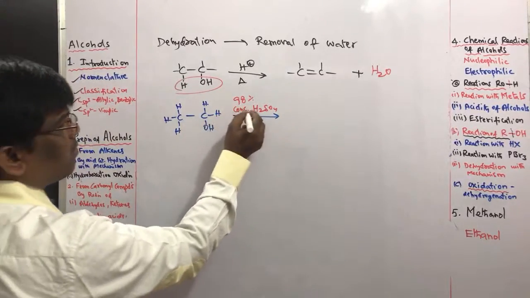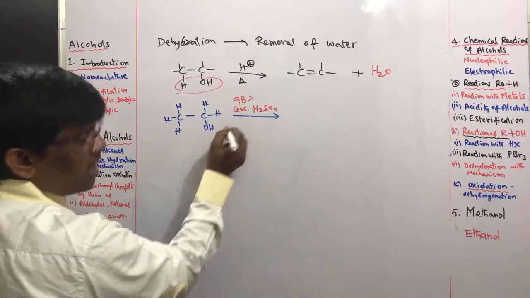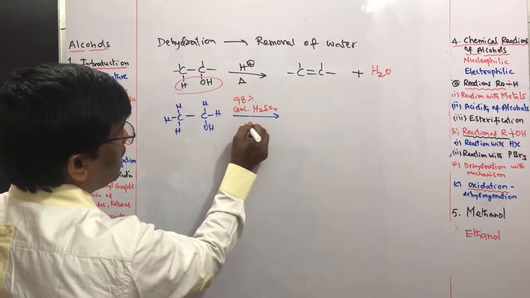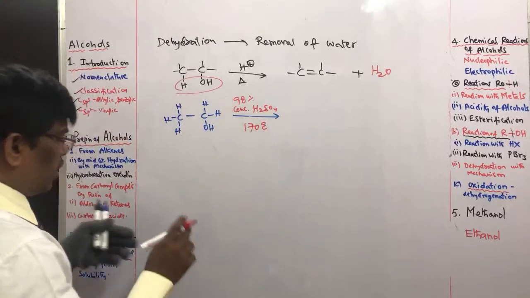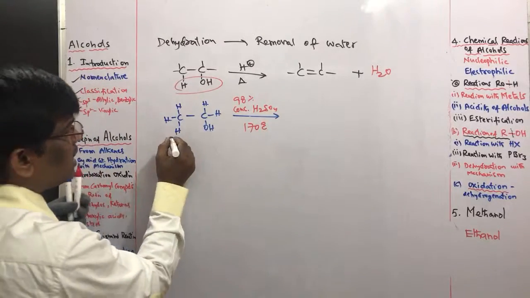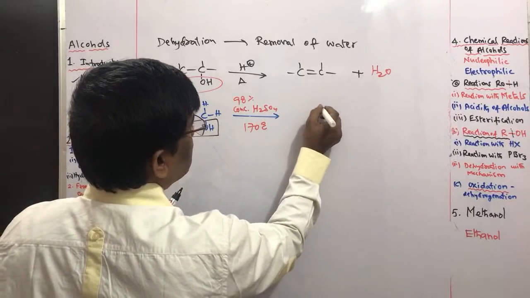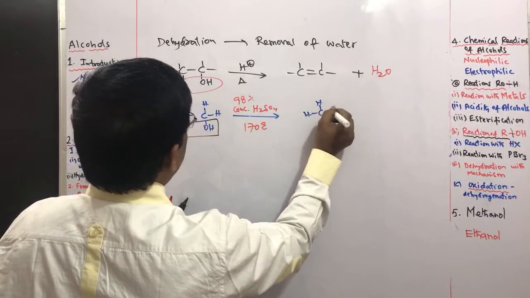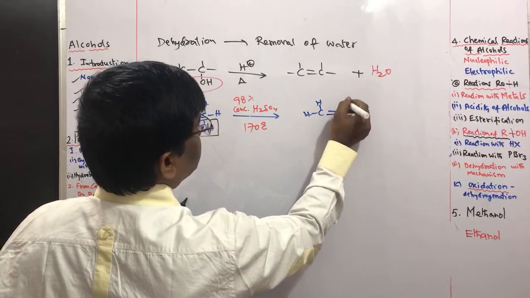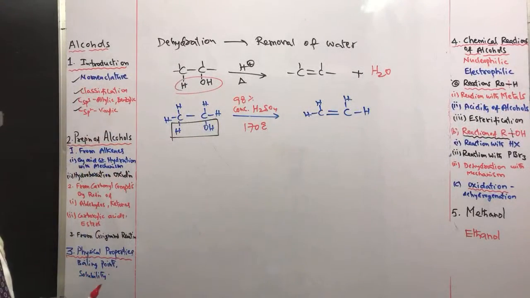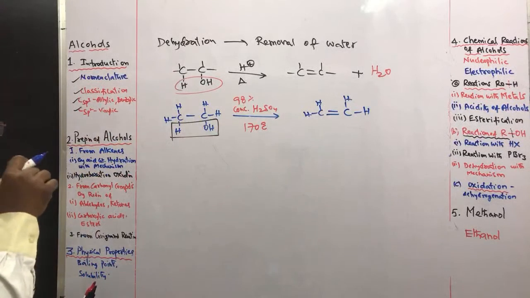So 98% concentrated sulfuric acid at a temperature of about 170 degrees centigrade. It is going to lose water and give this alkene. Yes, students, it is going to give this alkene.